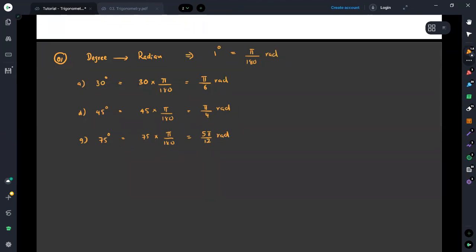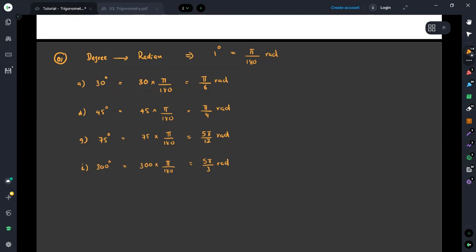Then the next one is the angle 300 degrees. 300 multiplied by π divided by 180. Once we perform the calculation, we will get this quantity as 5 times π divided by 3 radians.